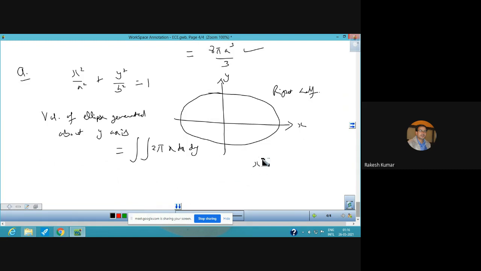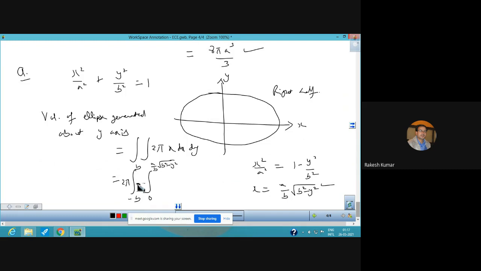From the equation of the ellipse, x square over a square is 1 minus y square over b square. So x is equal to a over b times the square root of b square minus y square. So 2 pi is constant and can be taken out. The limits are 0 to a over b root of b square minus y square, and y from minus b to b.